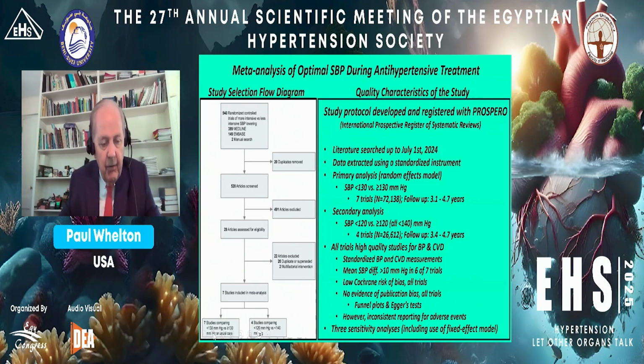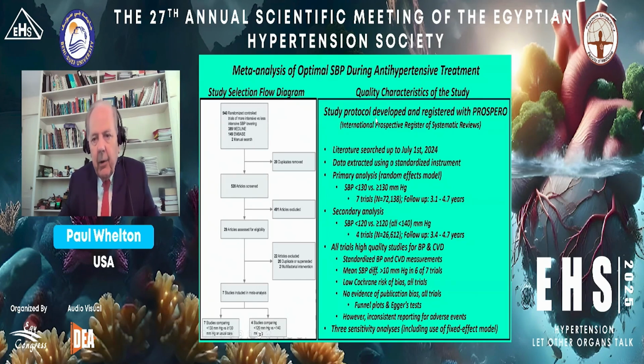So we found at the time we published the meta-analysis 7 trials less than 130 versus 130 or higher, and 4 trials less than 120. They were all less than 120 versus less than 140, so all SPRINT-like trials. There's been one additional trial since that time, and I'll talk about that later.